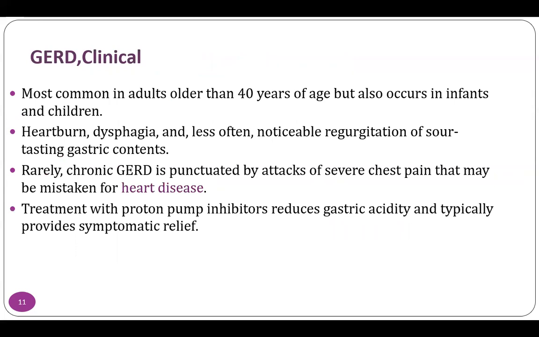Regarding age, most cases in the clinic are seen at around 40 and above. However, we can see reflux disease in all age groups.